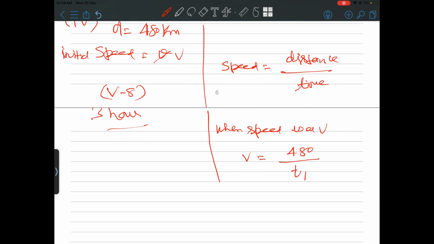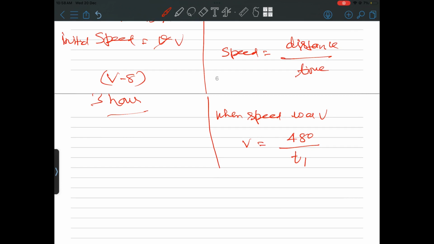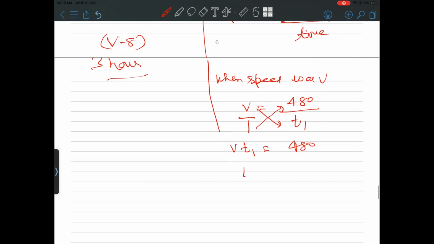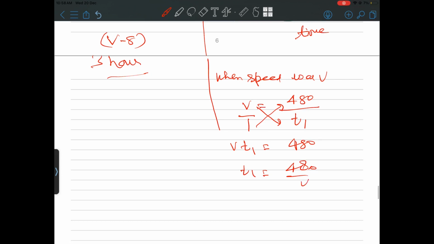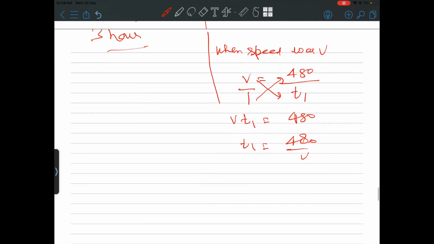Suppose time is t1. So what we'll do? We'll transpose it, we'll cross multiply like this. So it becomes v into t1 is equal to 480, and we found t1 is equal to 480 upon v. Equation number 1.